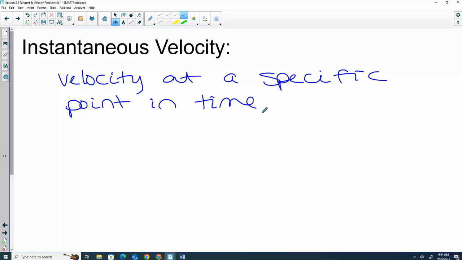If you try to log in the whole thing, make sure you do parentheses. That's the biggest issue with those calculators. So that instantaneous velocity at one particular point in time, that's like our tangent line.